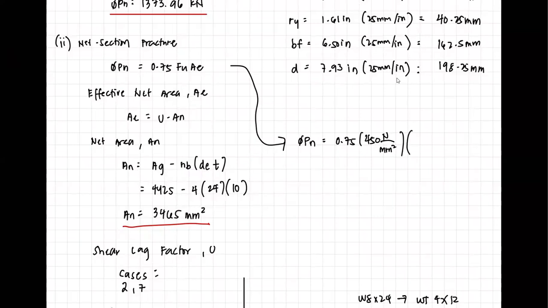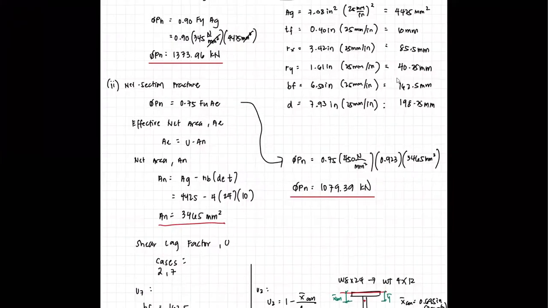We have our U factor 0.923 and our net area of 3465, also in mm squared. So Vn is equal to 0.75 times 450 times 0.923 times 3465. That is 1,079,390. Divided by 1,000, we have 1,079.39 kilonewton as our capacity according to rupture.